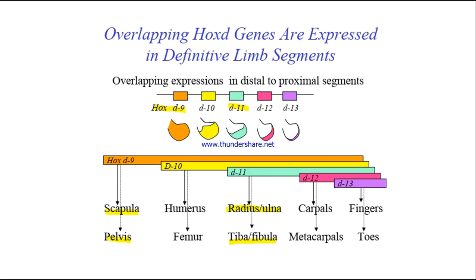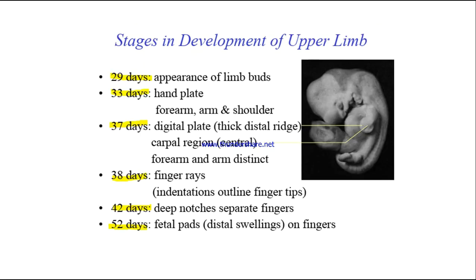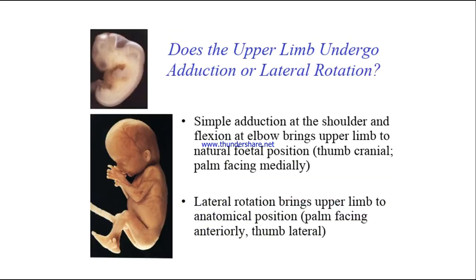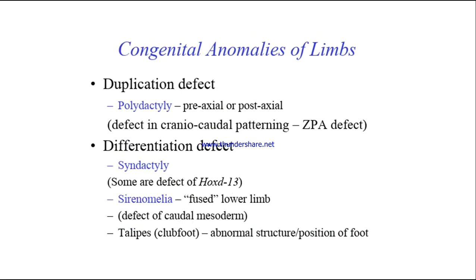Depending on where the HOXD genes are overlapping or expressed, as I mentioned earlier, if there is a problem with signalling, certain regions may not be produced, or may be overly produced, causing extra digits, etc.